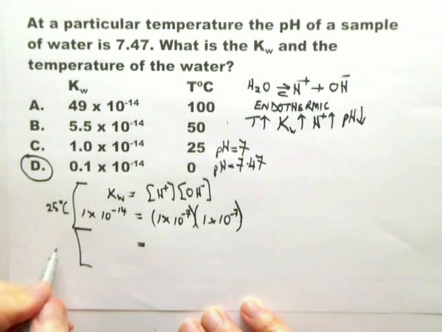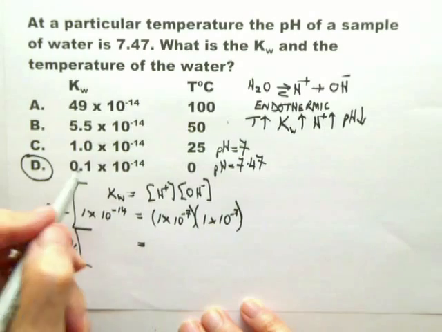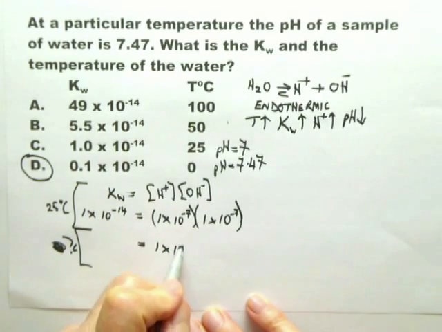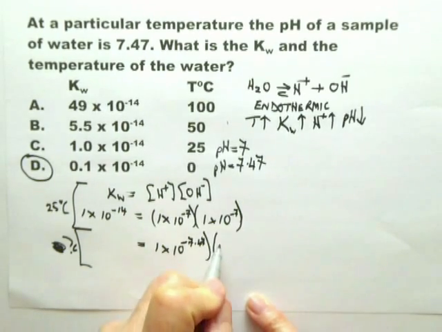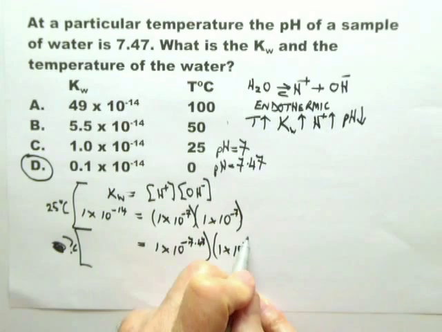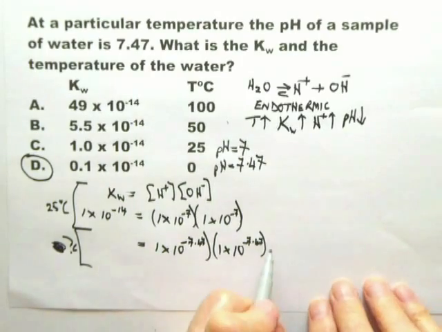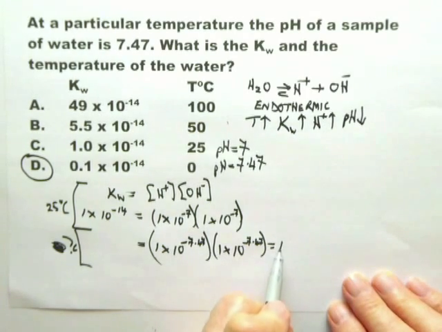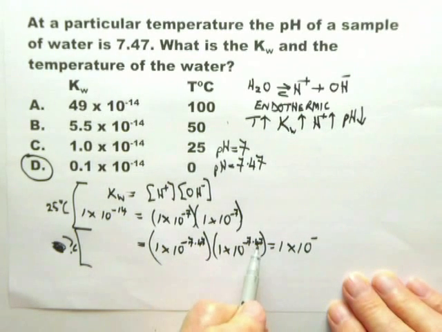We now do it for an unknown temperature. I'm assuming that it's going to be the same answer. So 1 times 10 to the minus 7.47 and 1 times 10 to the minus 7.47, and that will equal 1 times 10 to the minus, and you simply add those together.